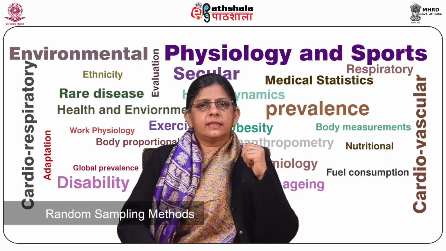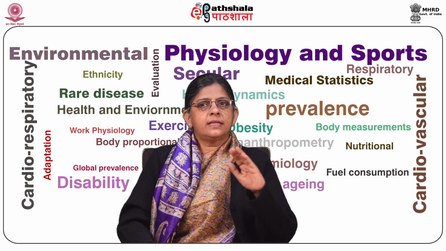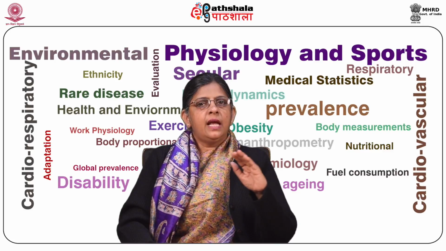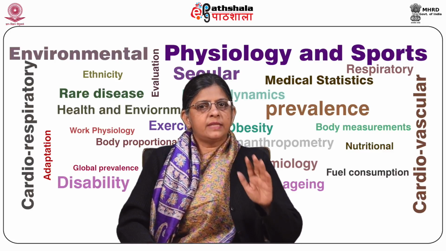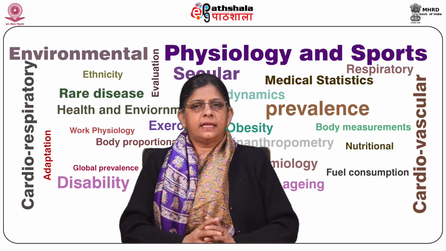Random sampling methods can be categorized into simple random sampling, systematic random sampling, stratified random sampling, cluster random sampling, and multi-stage random sampling. Large non-response can mislead and represent only those who participated in the study.